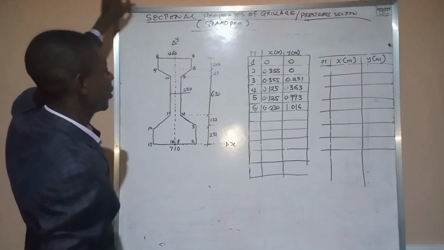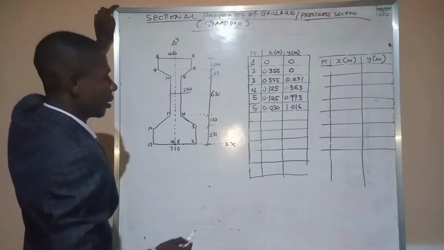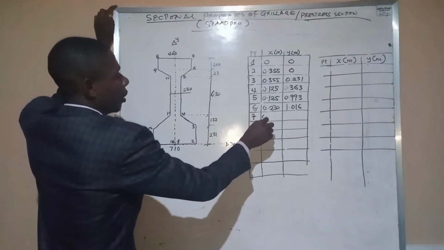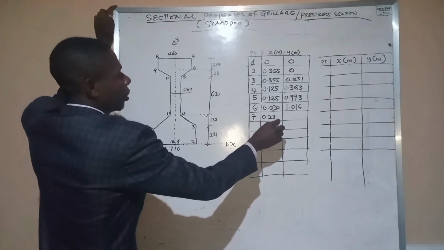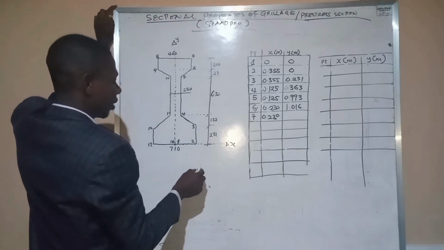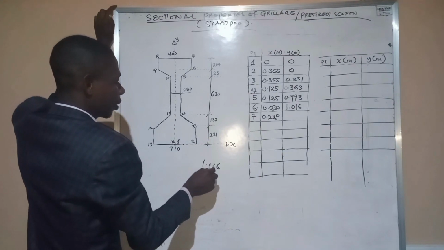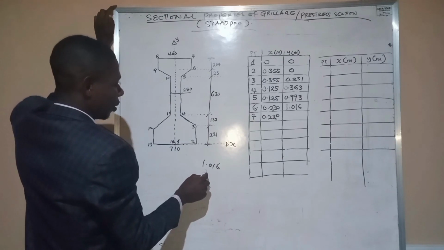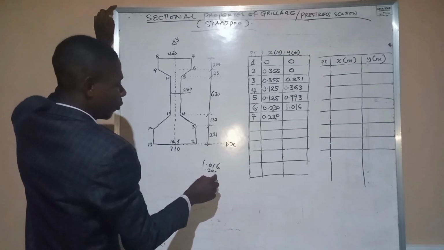Now at point 7, x remains the same, 0.230. Now y at point 7 becomes 1.016 plus 0.204.